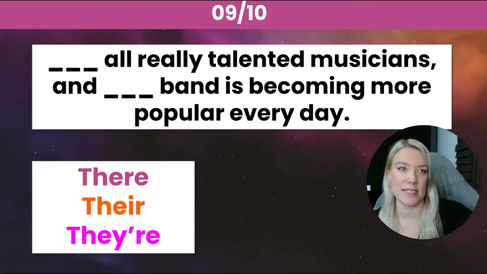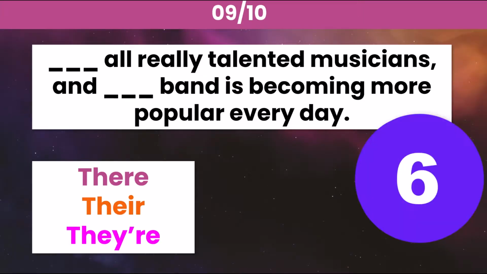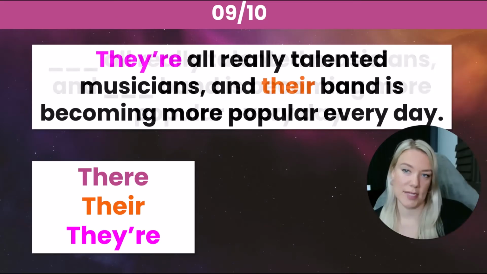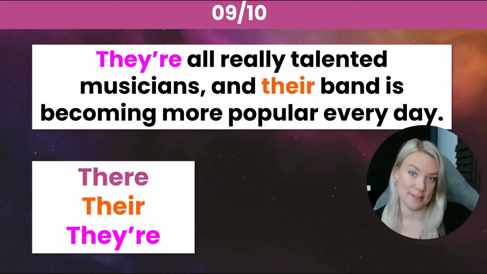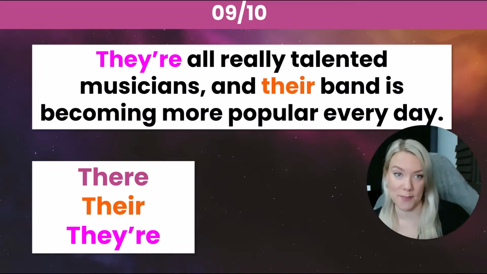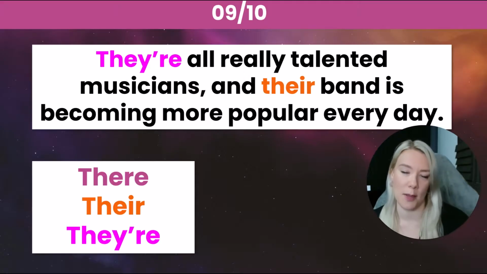All really talented musicians, and band is becoming more popular every day. The correct answer is the contraction they're. They are all really talented musicians, and their band, the band that belongs to them, is becoming more popular every day.